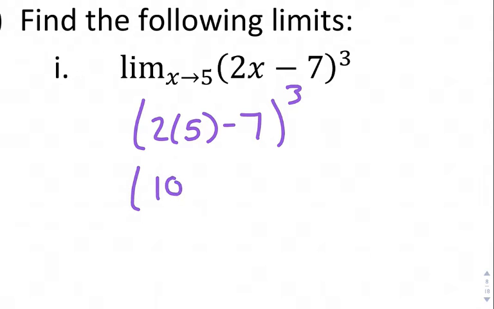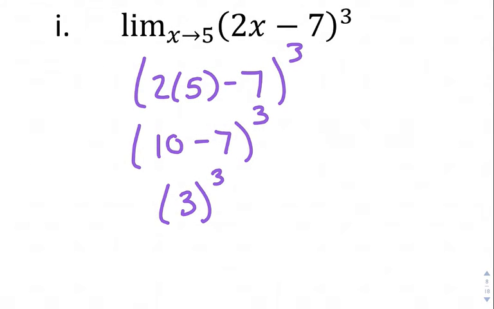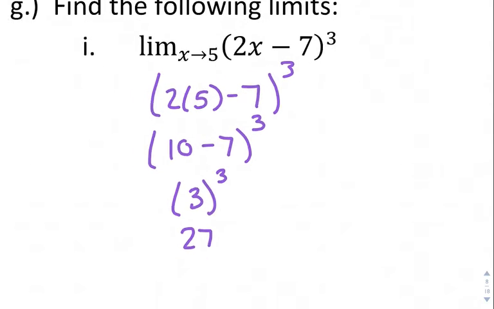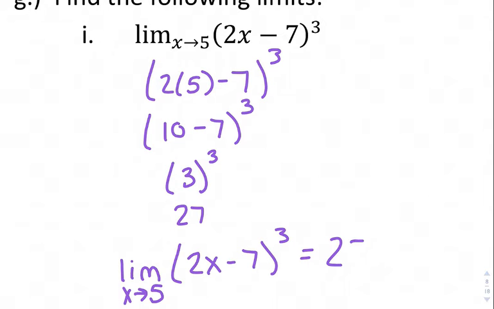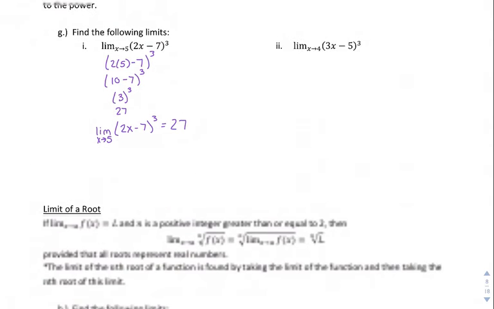So this would be 10 minus 7 cubed. 10 minus 7 would give me 3. 3 cubed is then 27. So this would be the limit as x approaches 5 of 2x minus 7 cubed equals 27. Again, try the next one.